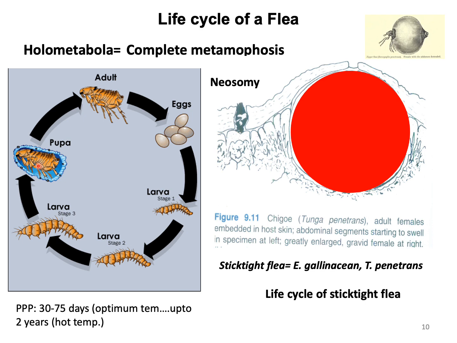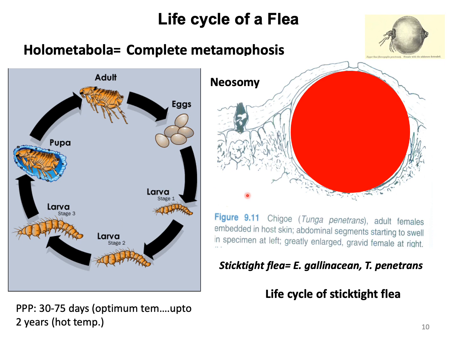Within this cocoon, the pupa will remain around 2 to 3 weeks, and afterwards they will emerge after breaking the protective layer or cocoon. To complete this life cycle, it will take around 30 to 70 days depending on the temperature and humidity, but in hot temperature it may take even up to 2 years to complete the life cycle.